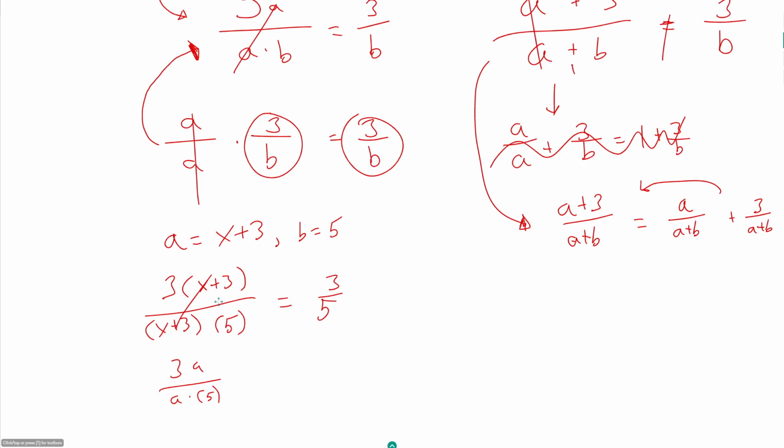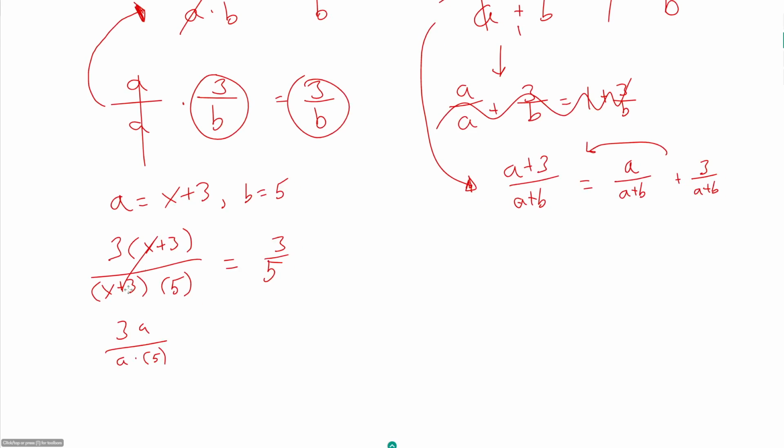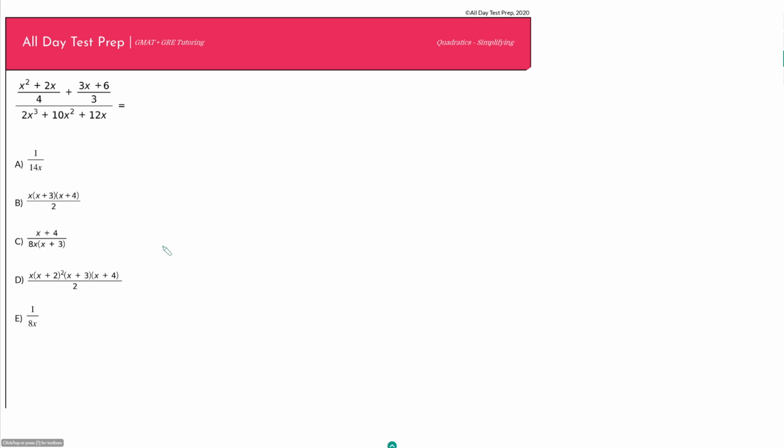And that is why factoring is such a useful skill, because when you are factoring, usually what you are doing is you are taking an addition or subtraction expression and converting it into a multiplication expression, which you can then use to combine or cancel things out like we did here. You are using your divisibility rules to your favor. Now let's look at an actual GMAT type question, and one involving simplifying with quadratics.